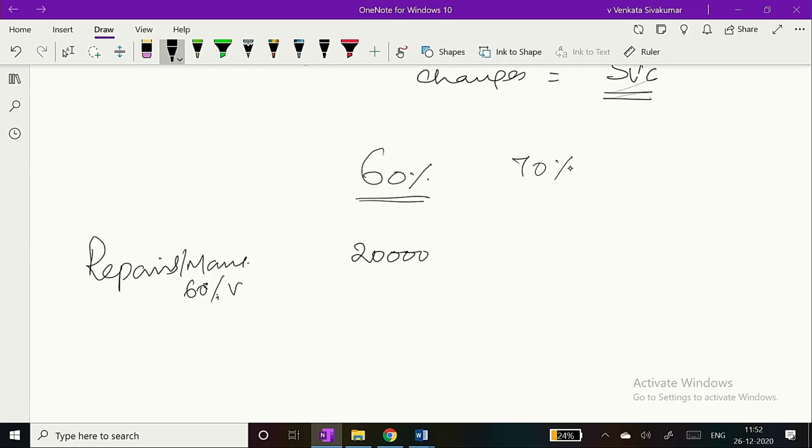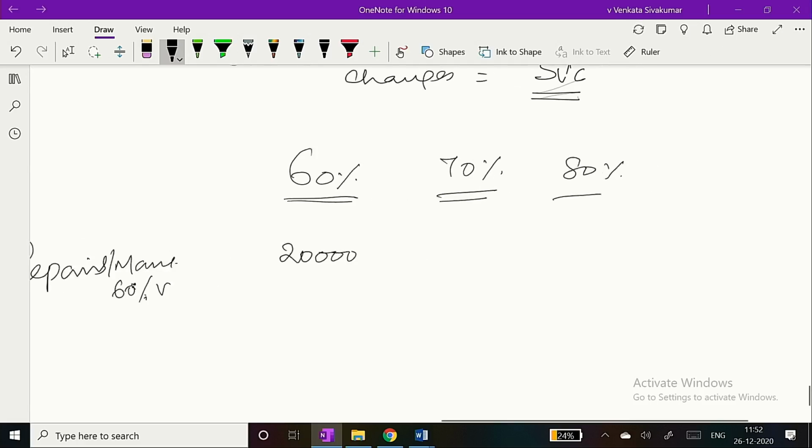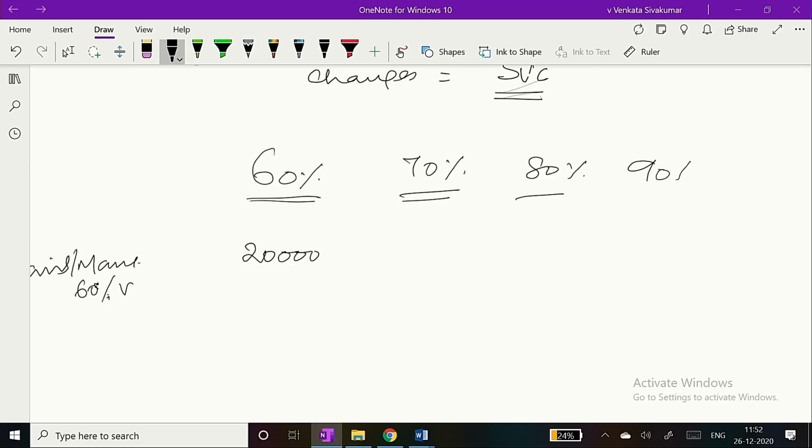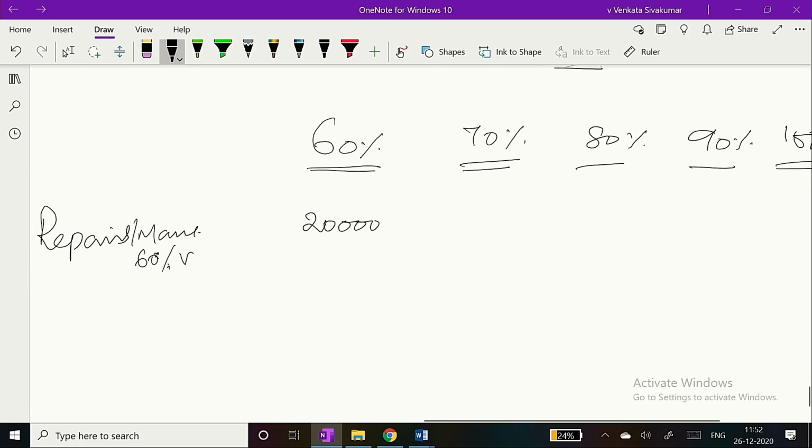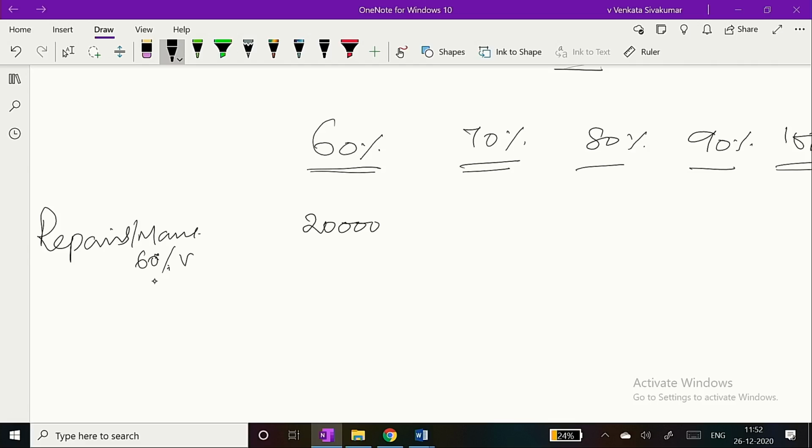Calculate at 70%, 80%, 90% and 100%. Can you do that? I will do it. 60% variable means balance is fixed. 40% is fixed. Total cost is 20,000.